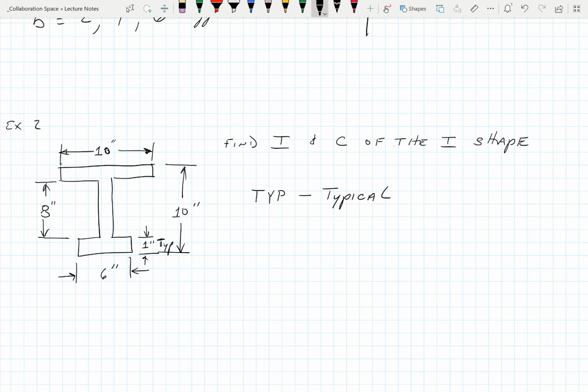Okay, now here's the interesting thing. We have something that's not standard. You can't look it up in the book, and we need to take it in parts and pieces. So I'm going to label this one A, this one B, and this one C. I'm literally going to take it into shapes.